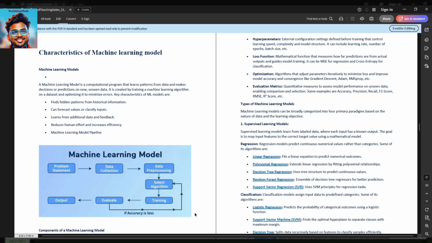And loss functions are mathematical functions that measure how far predictions are from actual outputs and guide model training. It can be MSE for regression and cross entropy for classification.